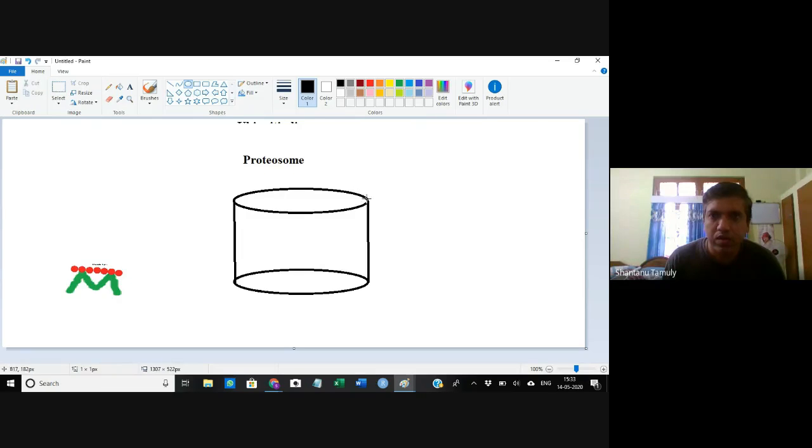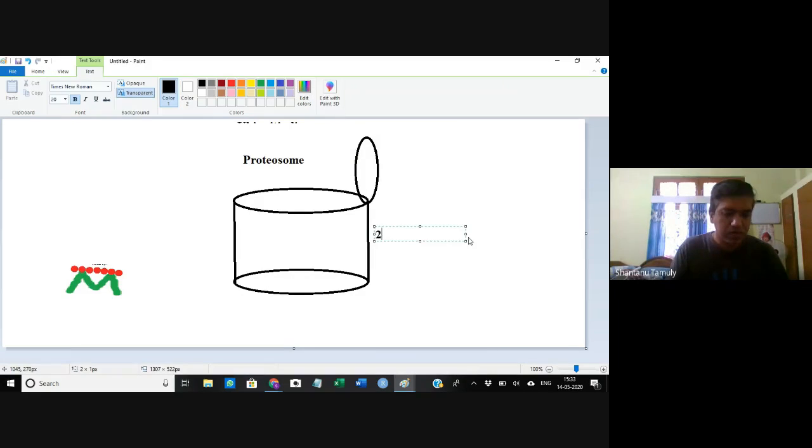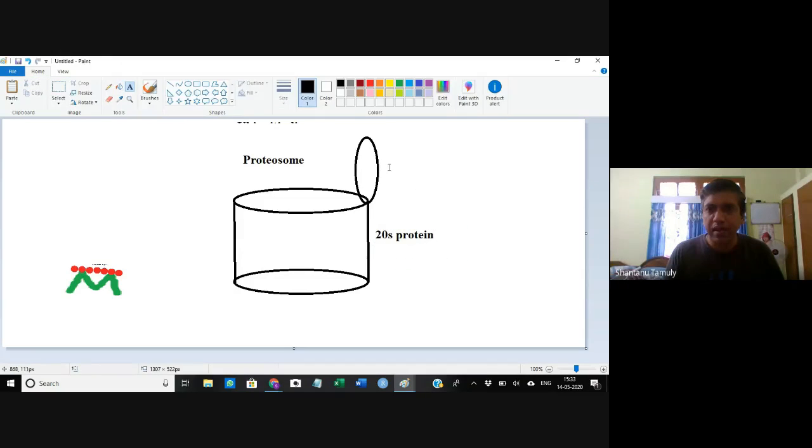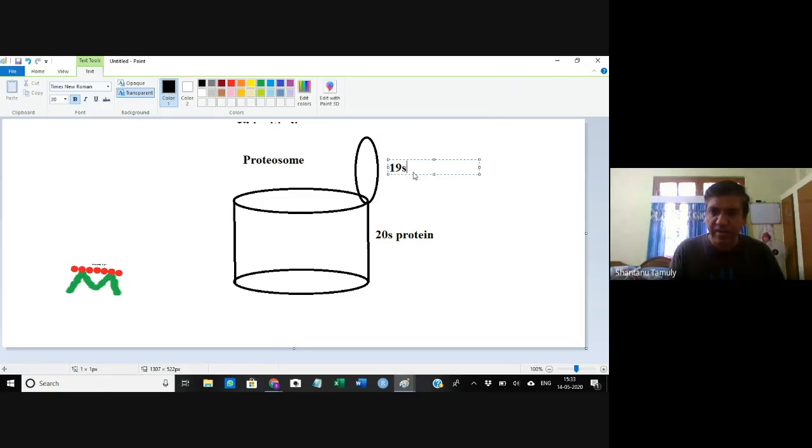One cap-like structure is present over here. This proteasome structure is called the 20S protein, and the cap is called the 19S protein.